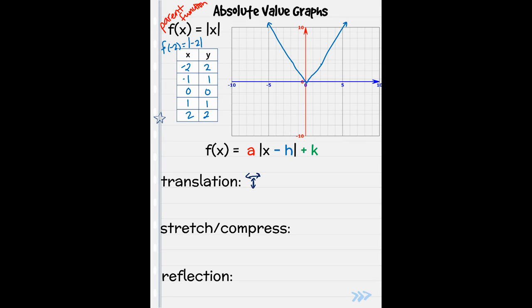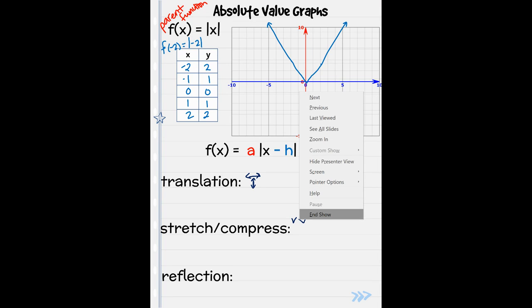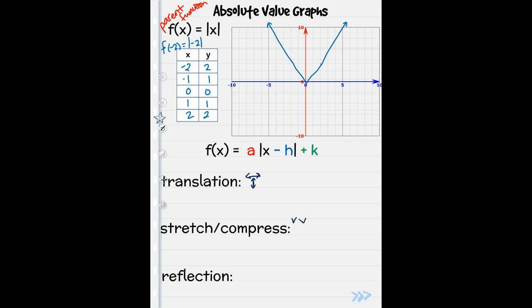And then our stretch and compress is whether we're making it wider or more narrow. And then our reflection, remember, is when we reflect it over an axis or a line.